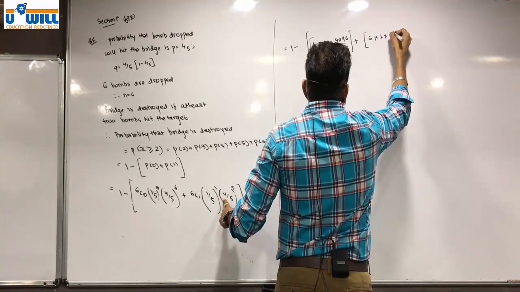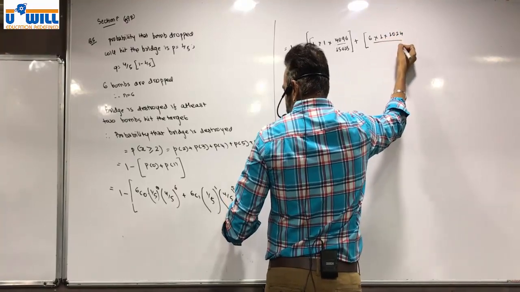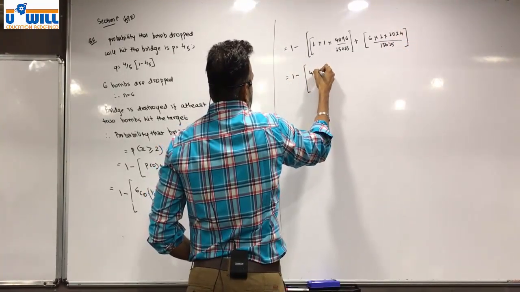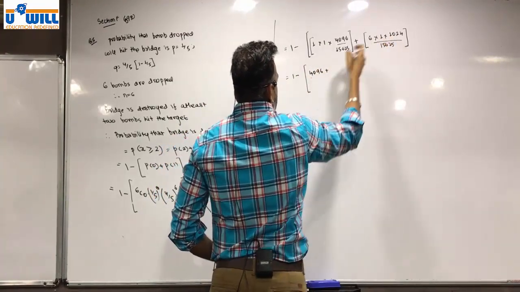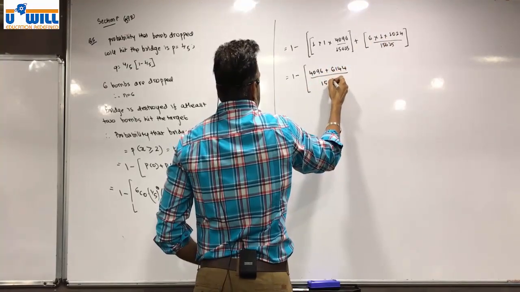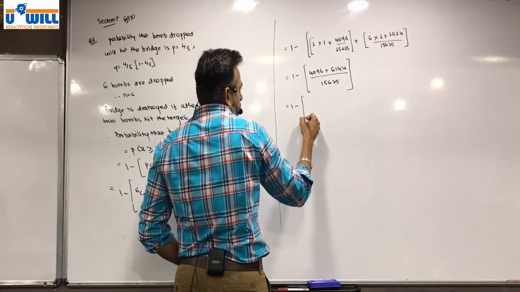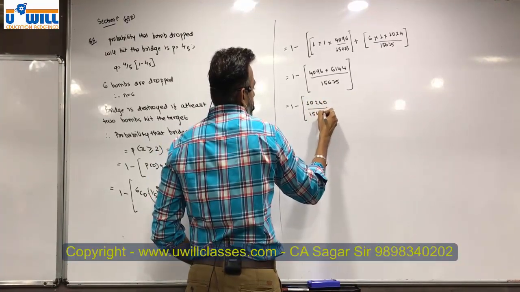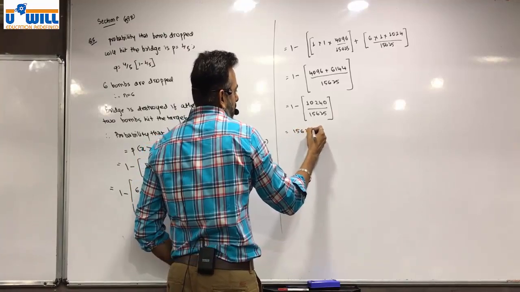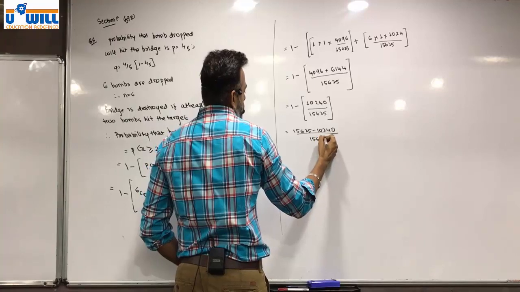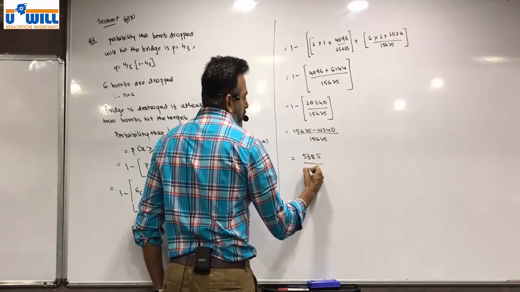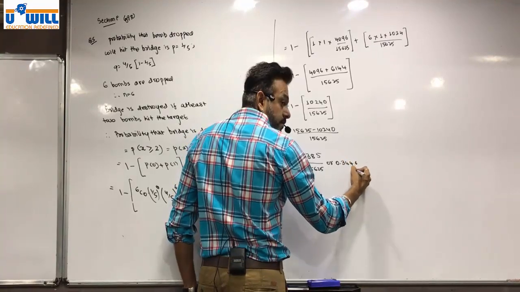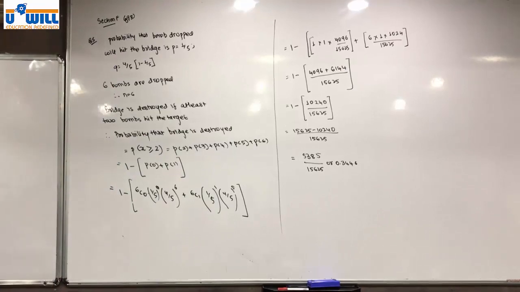How much? 1024 upon 15625, which is equal to 1 minus 4096 plus 6144 upon 15625 is equal to 1 minus 10240 upon 15625 is equal to 15625 minus 10240 upon 15625, which is equal to 5385 upon 15625, or decimal में 0.3446. Next.